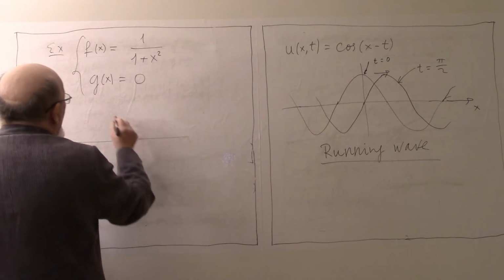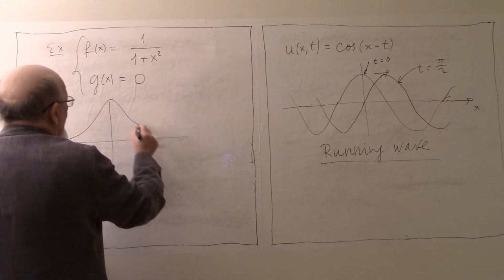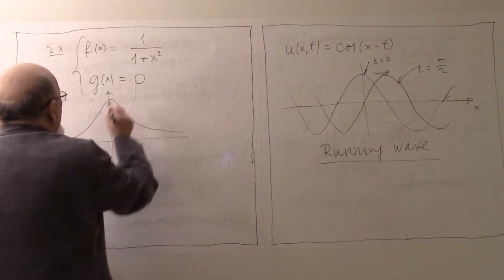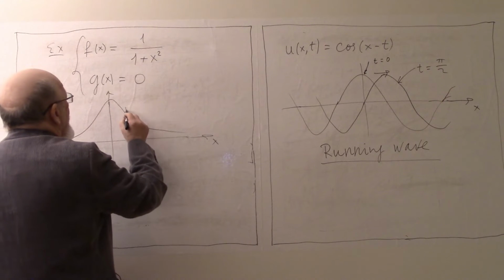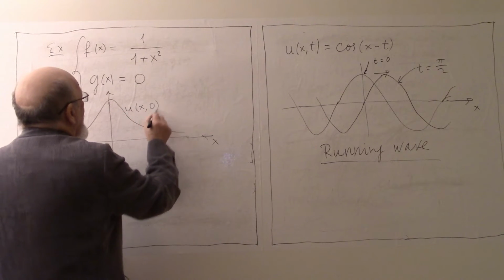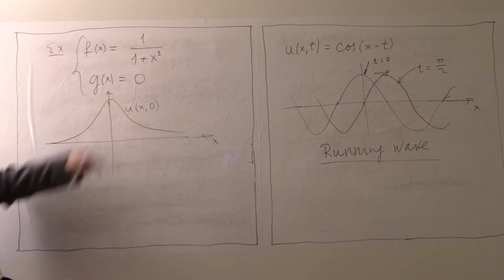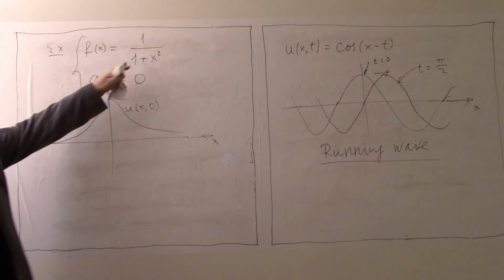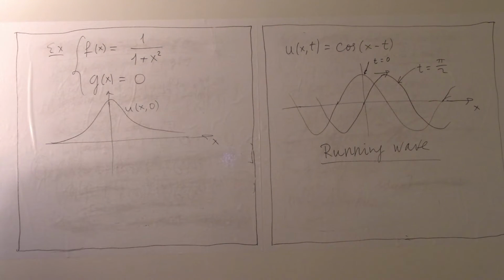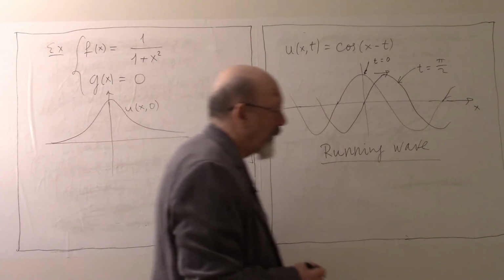So the initial configuration of our string looks like this. It is x, it is u of x, 0. It is this function. It has one apex and then goes to 0 rather fast, like 1 over x squared. Yes, so it is sort of a bump. Yeah, so it is a bump function.